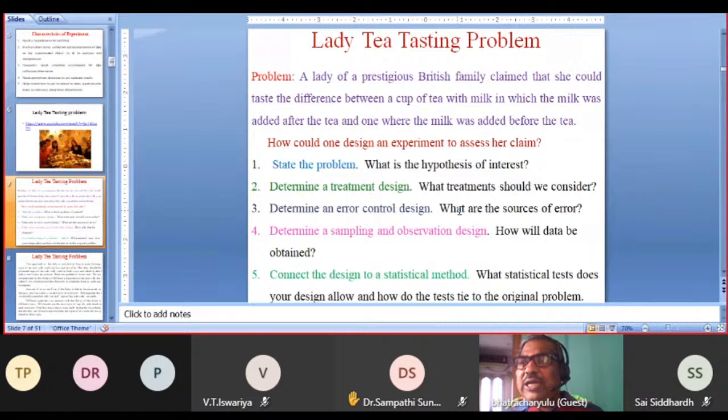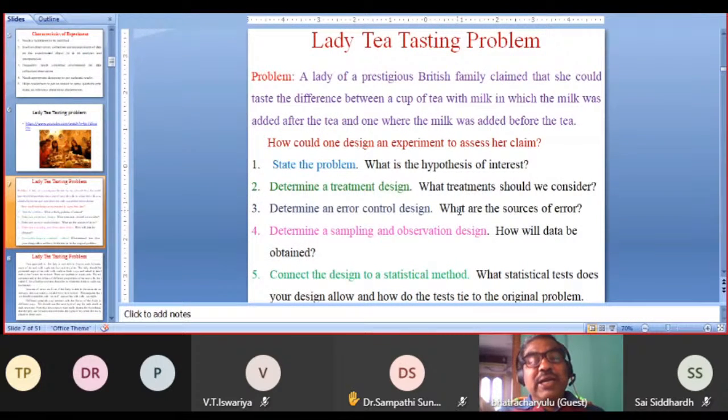So I am taking one statement, H naught: the lady has a discriminating power. That is called the null hypothesis. The alternative hypothesis: she does not have a discriminating power.